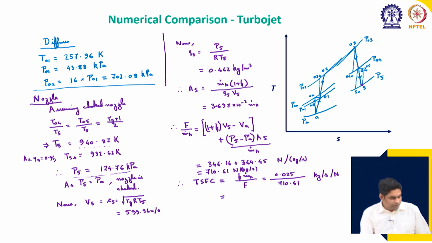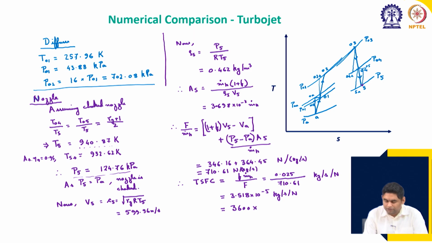This comes out to be 3.518 into 10 to the power minus 5 kg per second per Newton. We multiply it by 3600 to get it per hour, which is a more practical value. So this is equal to 0.1267 kg per hour per Newton.